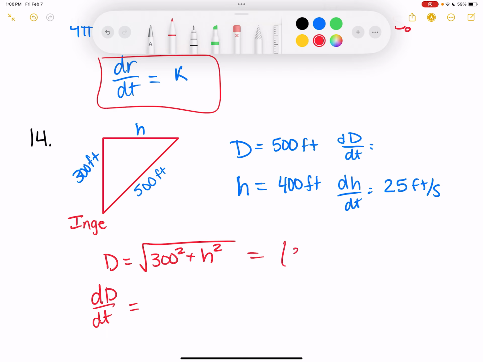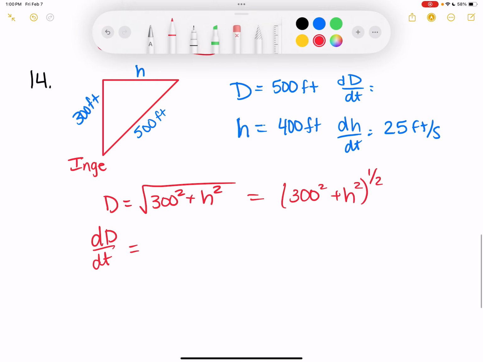If you need to think about this as 300 squared plus H squared to the 1/2, you can. 1/2 times. Are we doing negative exponents or 1 over?